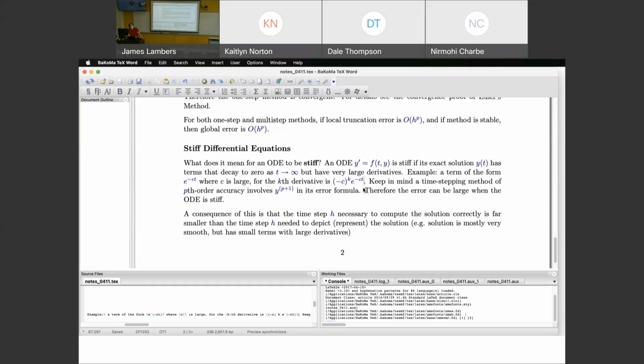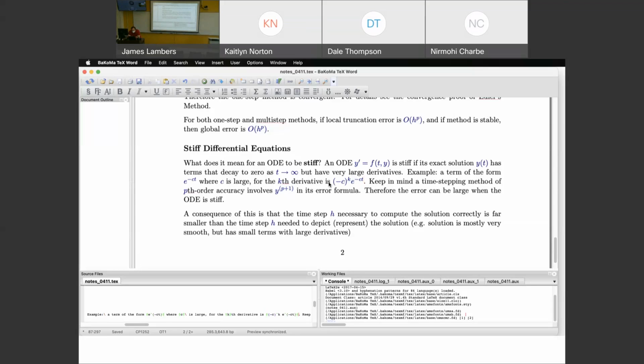Another definition of stiffness is that the time step needed to compute the solution is much smaller than the time step needed to accurately represent the solution. In other words, the solution itself might be very smooth, meaning you only need to evaluate it a few times to obtain an accurate graph of it. But using that larger time step might not make it possible to compute the solution using a time-stepping method.